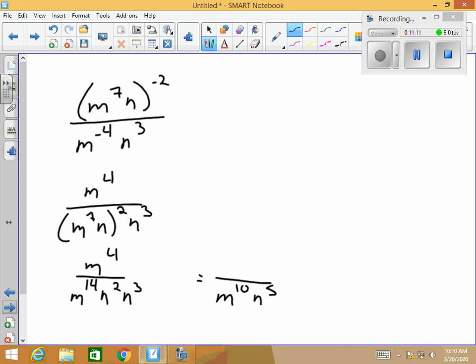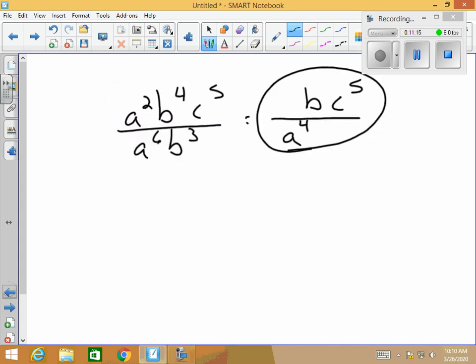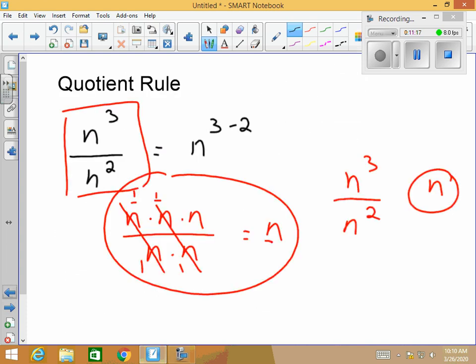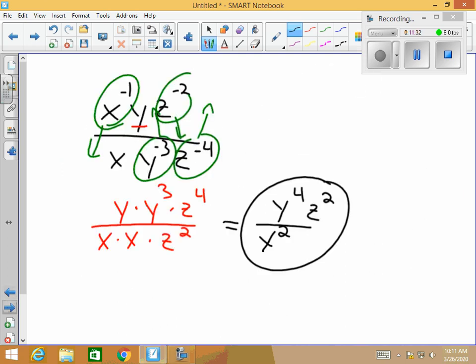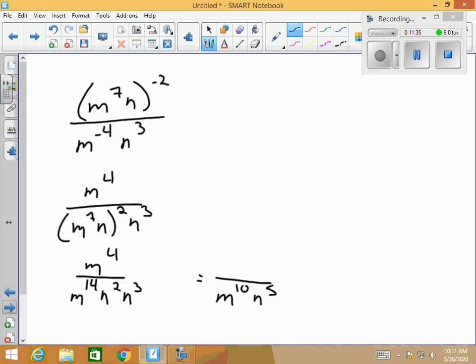Well, it's no different than what we did previous. Let's back up and let's see that guy. Let me find it here. Here, it's no different than right here. Anything divided by itself is 1, which leaves me, if this n would have fallen on the bottom, it would have left me with just 1 times 1, which would have been 1 on the top. So if we apply that back to my problem here, I have m to the fourth on top.